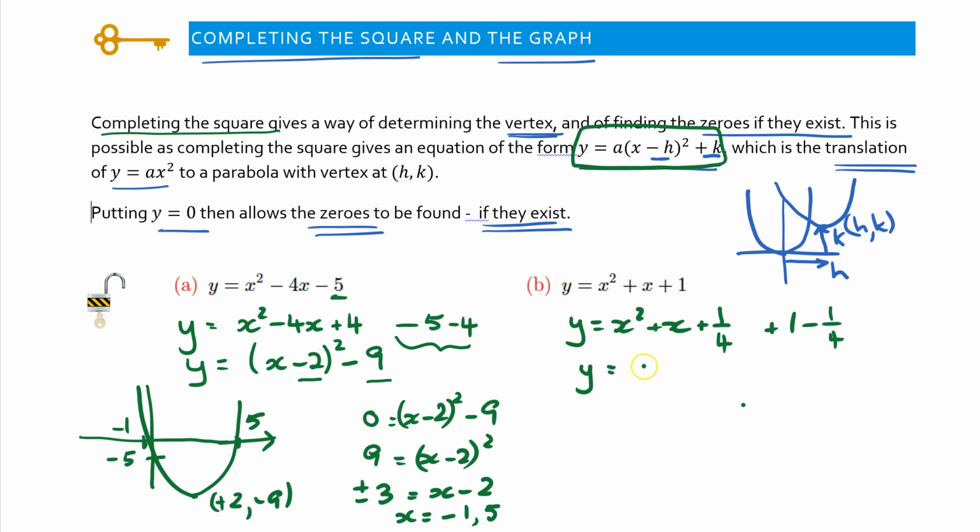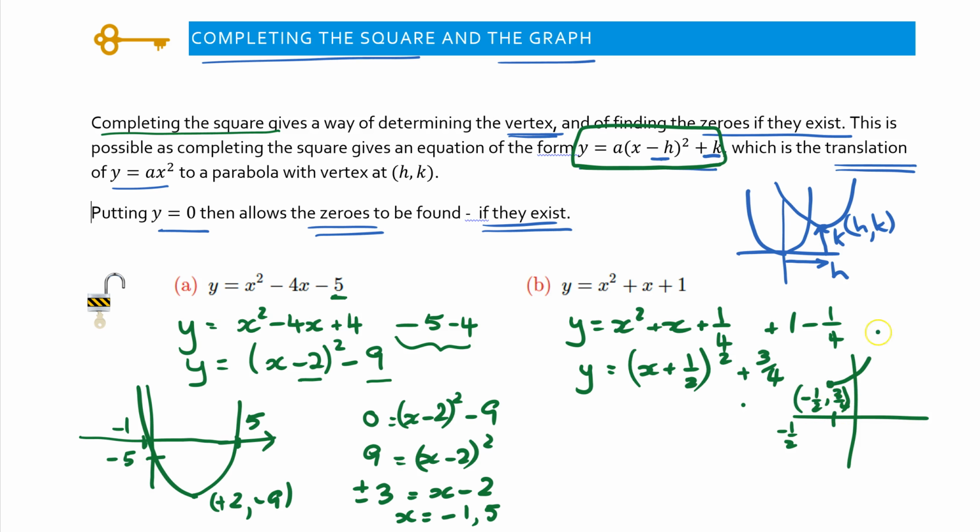So that gives us that y equals x plus a half all squared plus 3/4. Now that tells me that my parabola has its vertex shifted left to minus a half and up 3/4. So this point here, the vertex, is minus a half and 3/4.